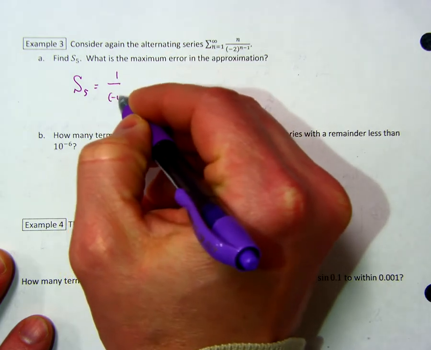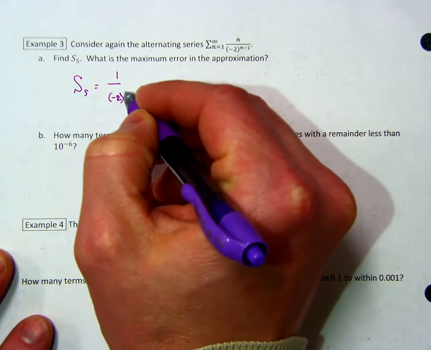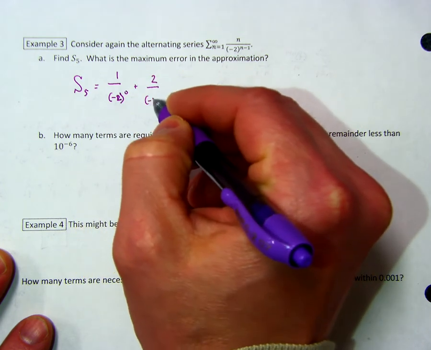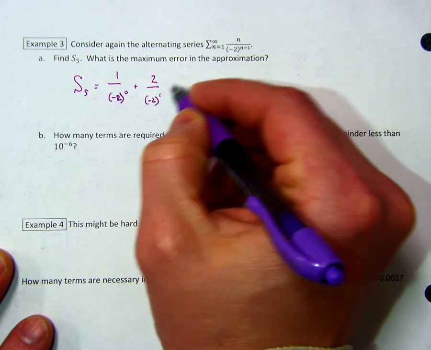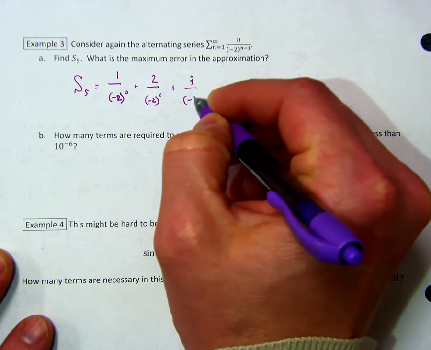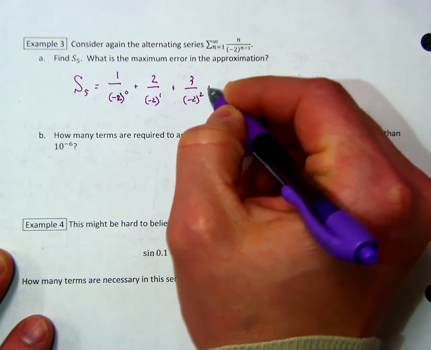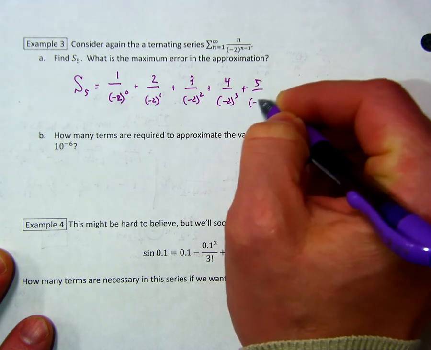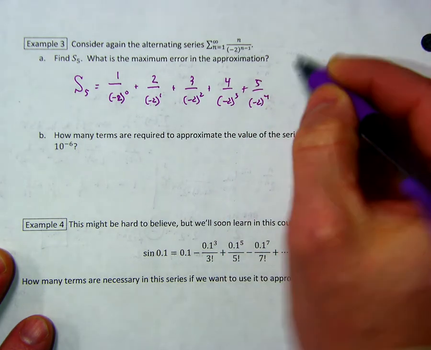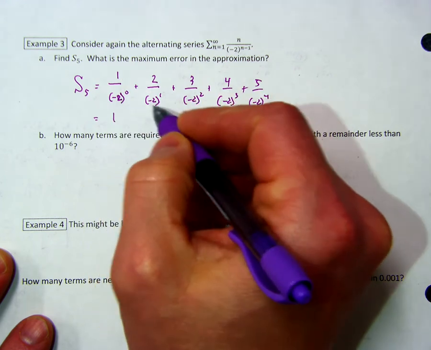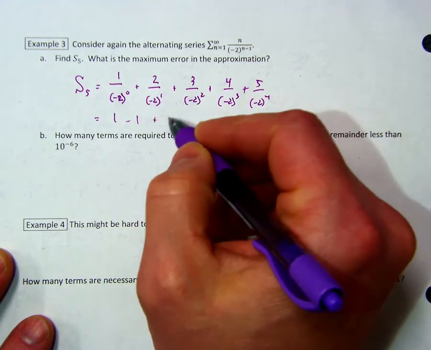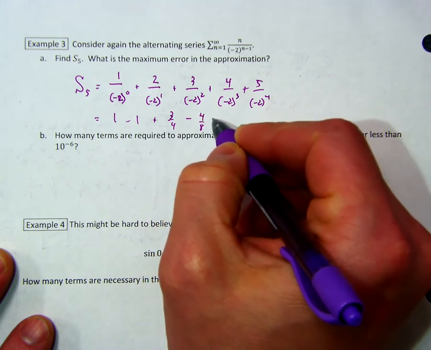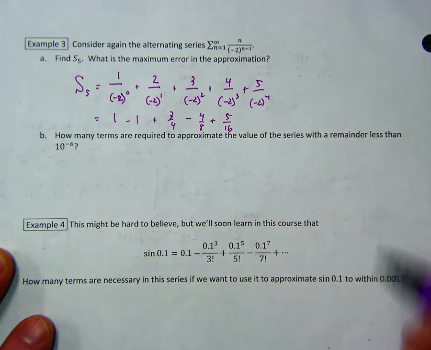That's 1 over negative 2 to the 0, plus 2 over negative 2 to the first, plus 3 over negative 2 squared, plus 4 over negative 2 cubed, and 5 over negative 2 to the fourth, which would give me 1 minus 1 plus 3/4 minus 4/8 plus 5/16.